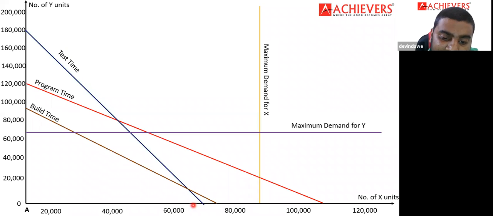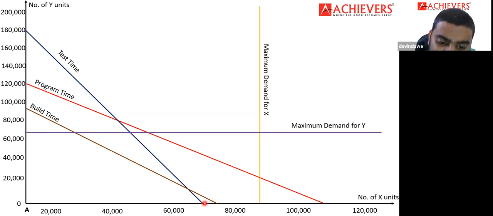Right? So understand, guys, hitting a corner is like hitting a wall. The constraint means the resource or the demand is over, and I can't go any further. I can't produce any more. It's over, right? So from this point, I can't go further in the x-axis.